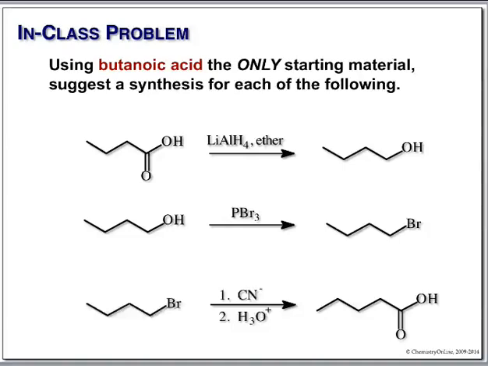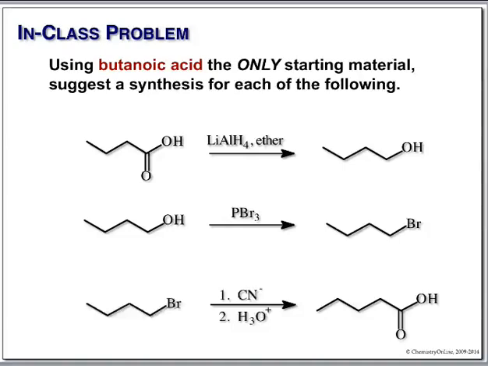So, step one, add cyanide, make the cyanyl group, the nitrile. That adds our extra carbon. Step two, we hydrolyze to the acid. Now there's another way we know to do this, don't we?